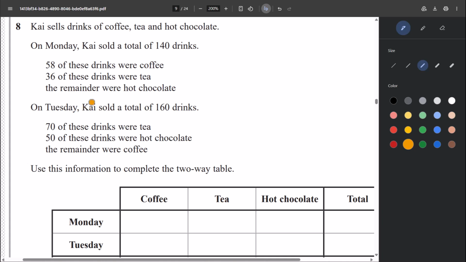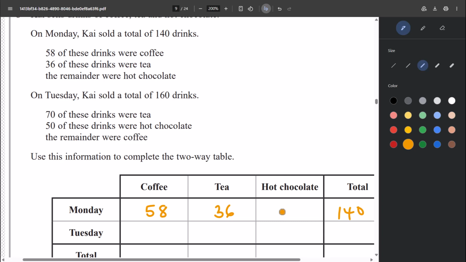And we know Monday she sold a total of 140 drinks. 58 of the drinks are coffee, and 36 were tea, and the rest are hot chocolates. So we're going to complete this later. And on Tuesday, she sold a total of 160.